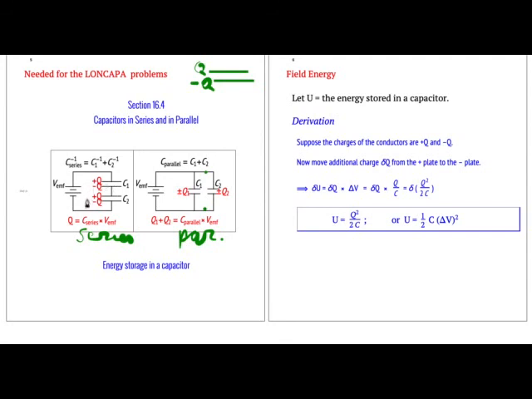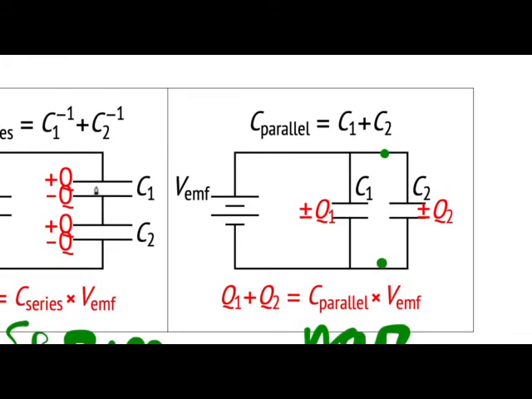That's because if you look at this part, the lower plate of the top capacitor, the upper plate of the bottom capacitor, and the wire, that's one conductor. It's two conductors connected by a wire. It makes one conductor. That has charge 0.